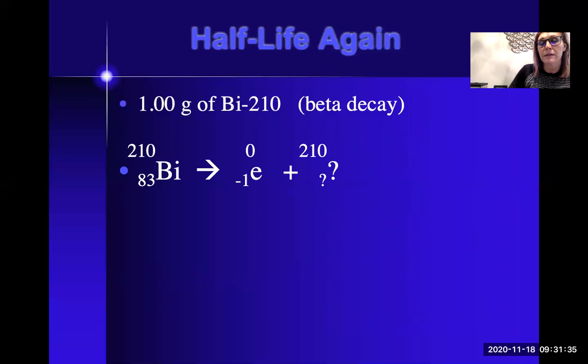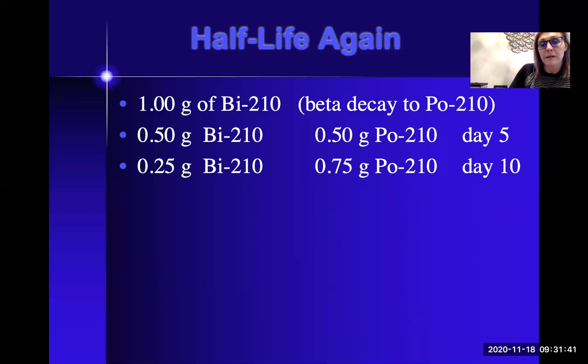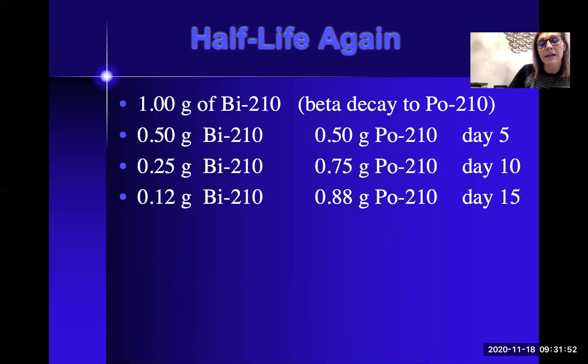So I will go back, sorry. So then after that, you're going to get 0.25 grams. That's 0.75 grams of polonium-210. That's day 10. Then after the next 5 days, you're going to have 0.125 grams of bismuth-210.